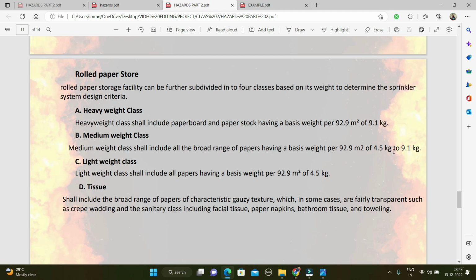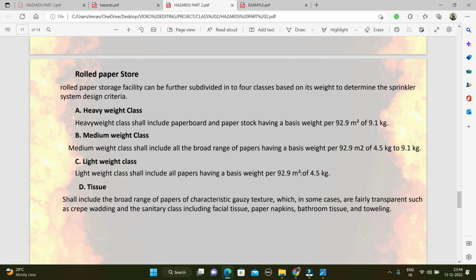If paper is stored in that 92.9 square meter area and the weight is less than 9.1 kg but more than 4.5 kg, we will consider it as medium weight class.